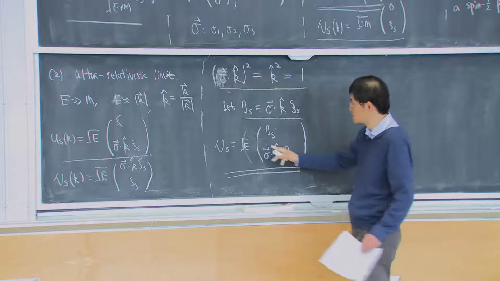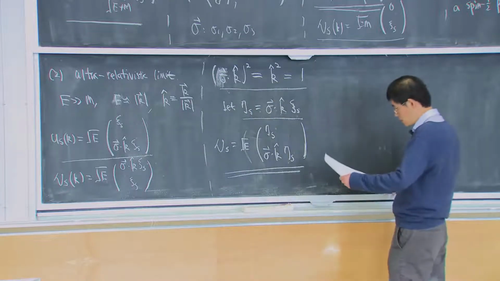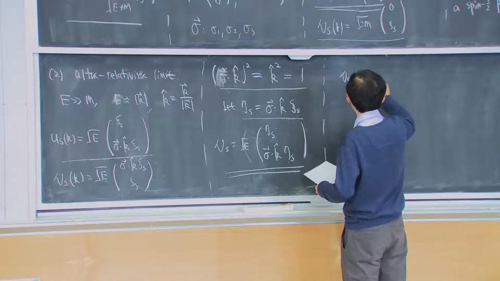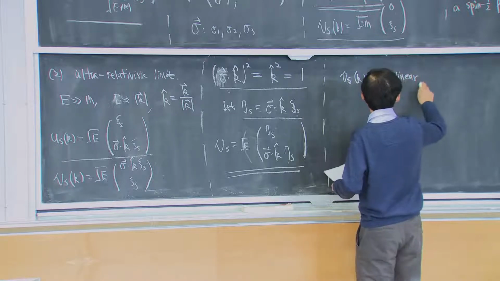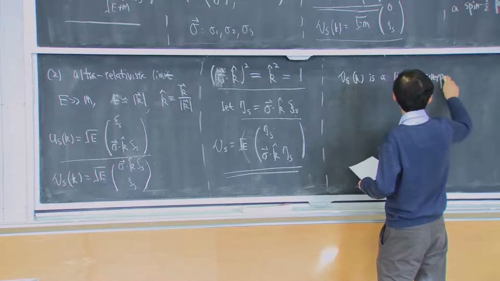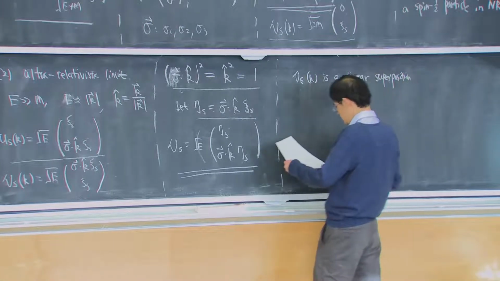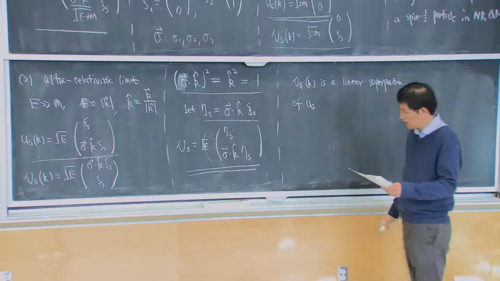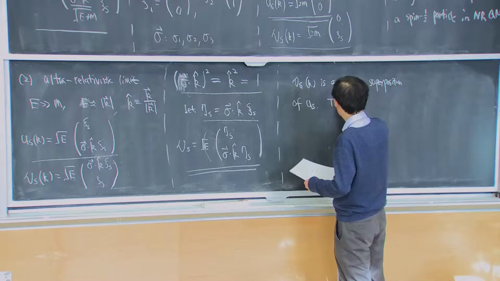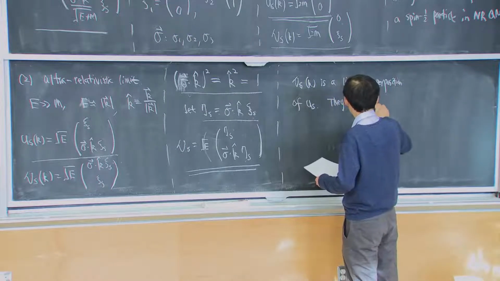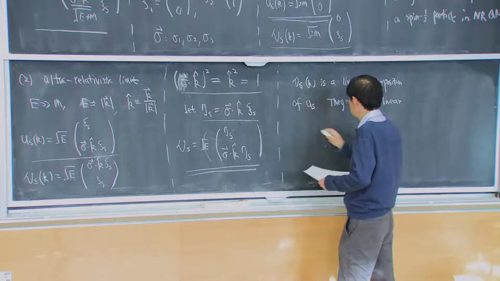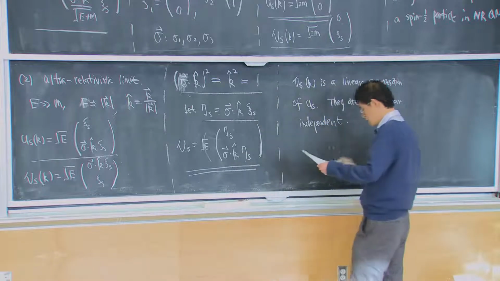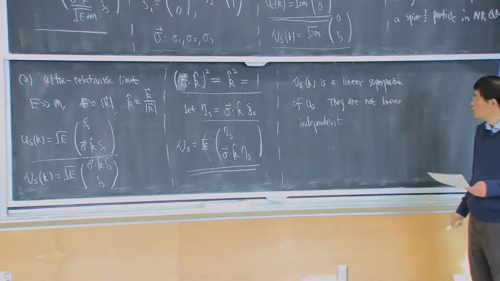So vs now is a linear superposition of us. So they are no longer independent. Okay, so they are not linearly independent. Okay?